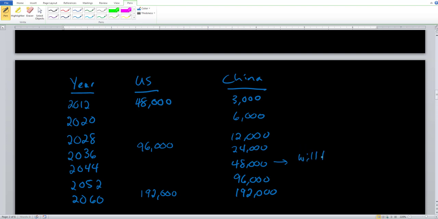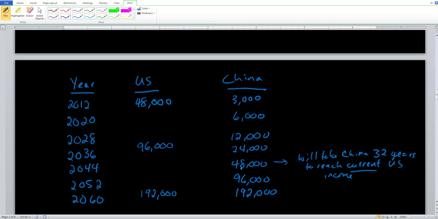So it'll take China 32 years to reach current US income. Remember that key operating word there, current. So here, 32 years in the year 2044 for China to reach US income.